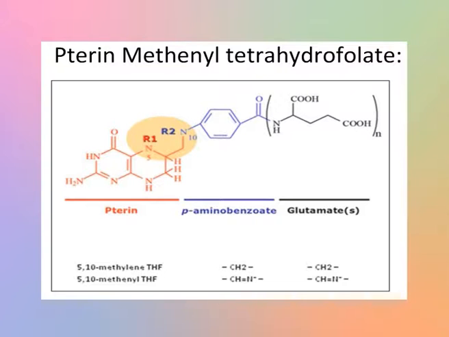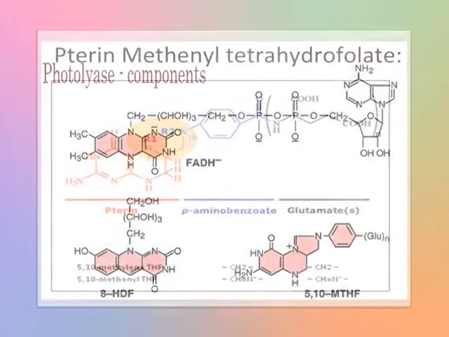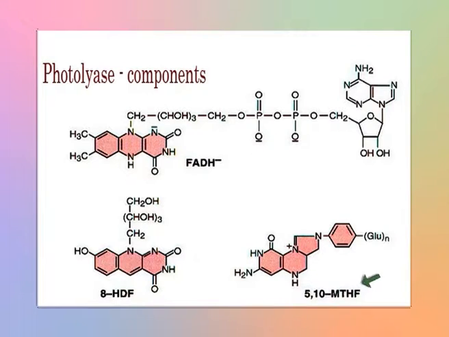What is folate photolyase? It has pterin methenyltetrahydrofolate as the differential cofactor. Another is deazaflavin photolyase having a deazariboflavin moiety. So this actually accelerates the light harvesting by FADH minus. This is the main thing.